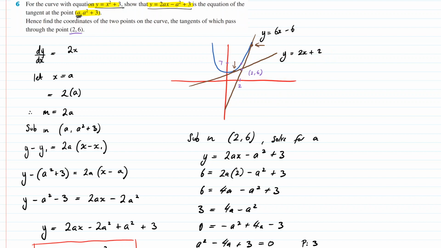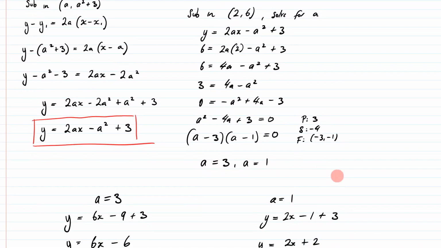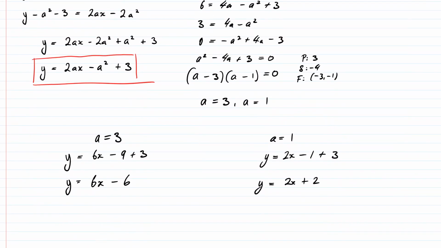All right, now I've found my two tangents, but remember what we're actually after here is finding the coordinates at which this is occurring. So we're not quite out of the woods yet.